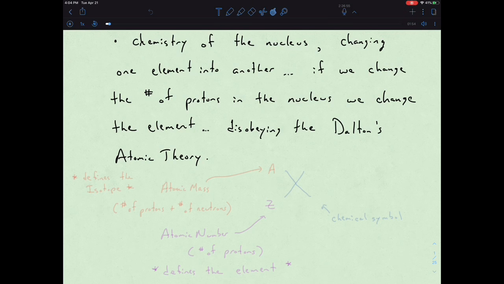And so just to remember, we have a general way of writing these. We talked about this a very long time ago, right? But we have this idea of a chemical symbol. And because we're talking about transmutating from one element to another, that's why we also need this idea of atomic mass.